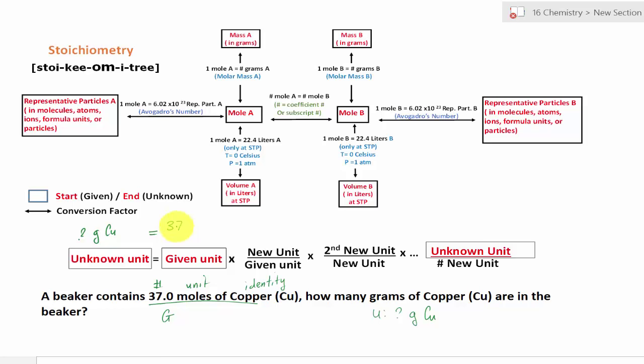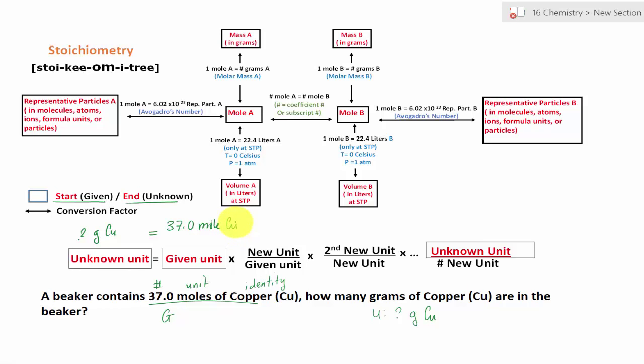With our given and unknown, we know where to start and where we end. We always start on the given and end at the unknown unit. So where is moles of copper? And again, which side do we always start? Of course, always on side A.